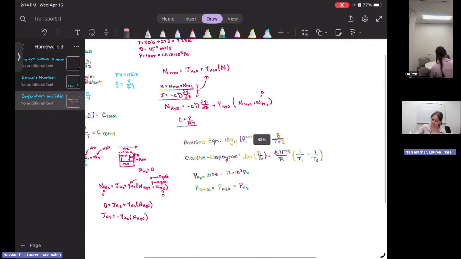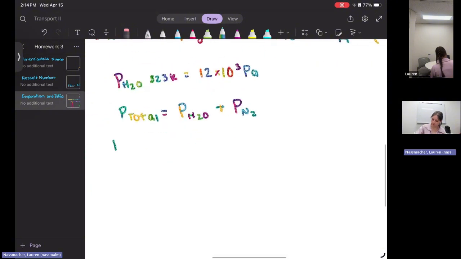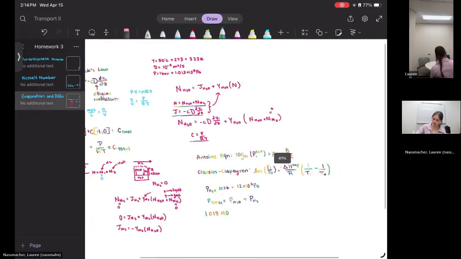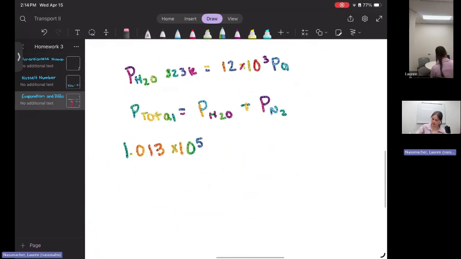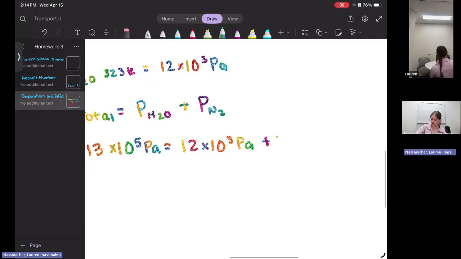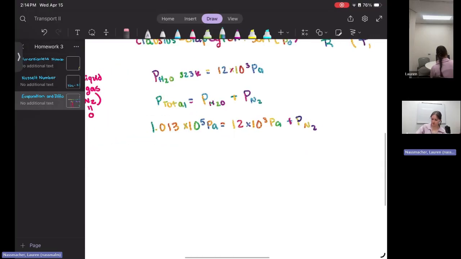Our total pressure is 1.013 times 10 to the 5th pascals. That's equal to 12 times 10 to the third pascals plus our pressure of nitrogen. So ultimately, the pressure of our nitrogen is equal to 8 times 10 to the third pascals.